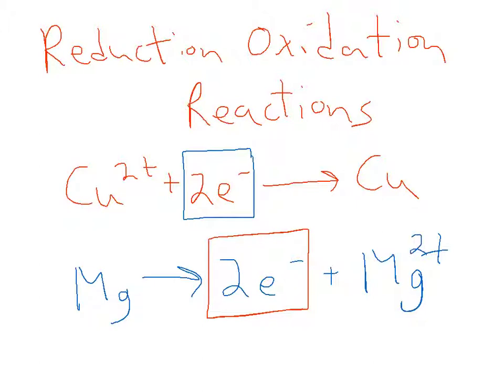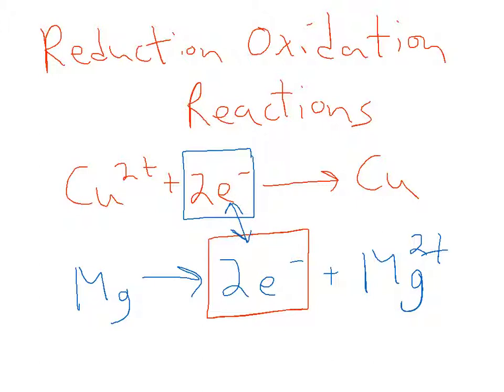So, this red process right here indicates reduction because I'm adding 2 electrons to my copper ions to get copper. This blue process right here is oxidation, meaning my magnesium has given up 2 electrons and my result is a magnesium ion. Now, you might be noticing that these electrons right here, the electrons given up by magnesium, are up to something.